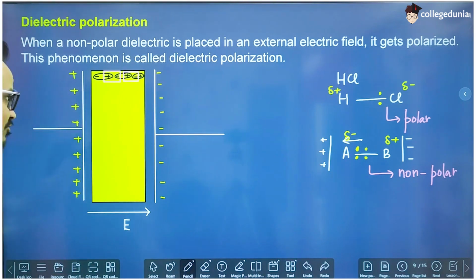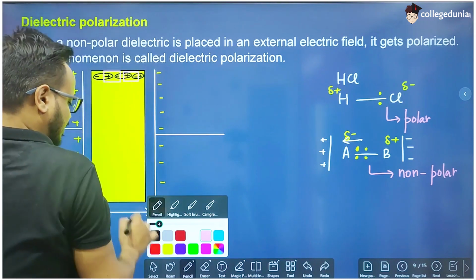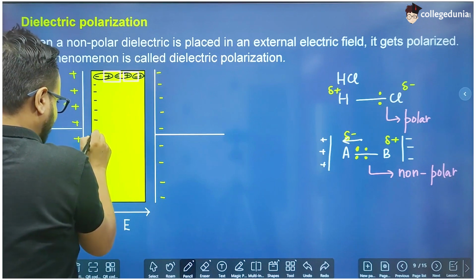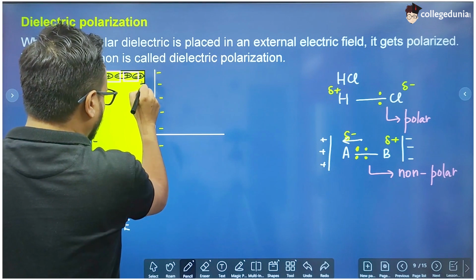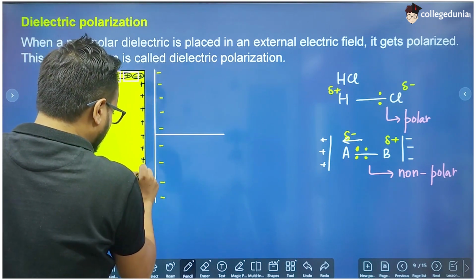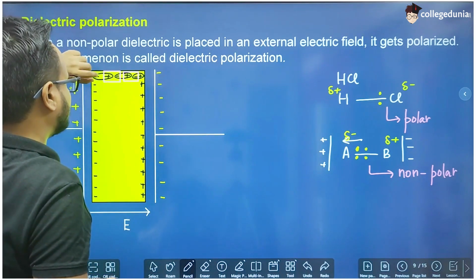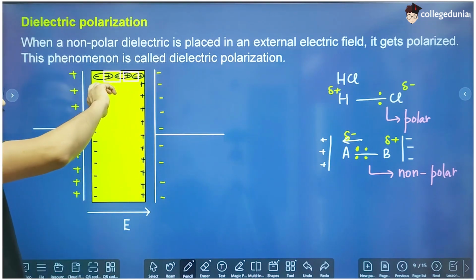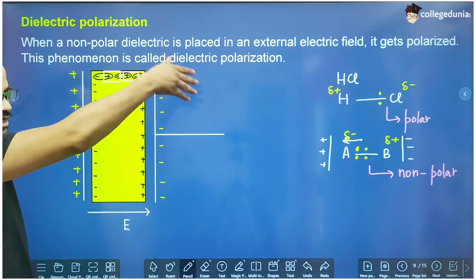All these positives and negatives will be cancelled and we will be left with a negative charge at this end of the slab, from the ends of all the molecules, and a positive charge from the last molecule at the other end, because this negative is not going to get cancelled by any positive, while this positive is cancelling the negative of the neighboring molecule.